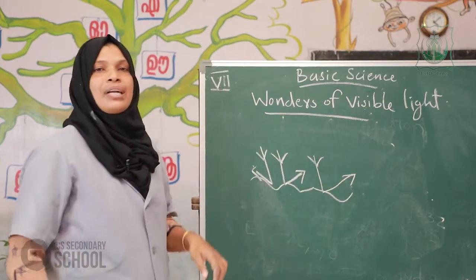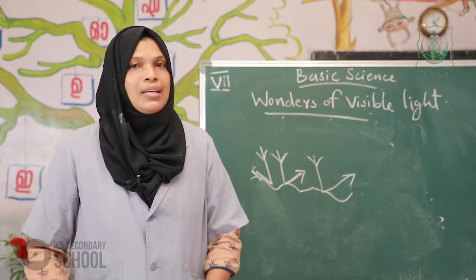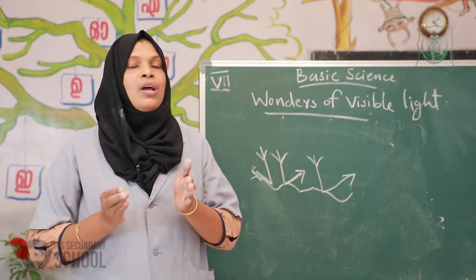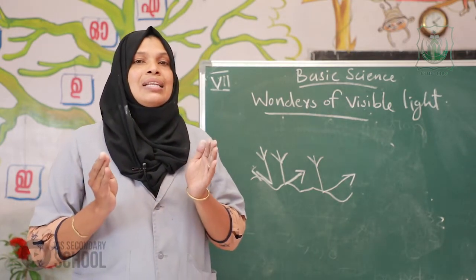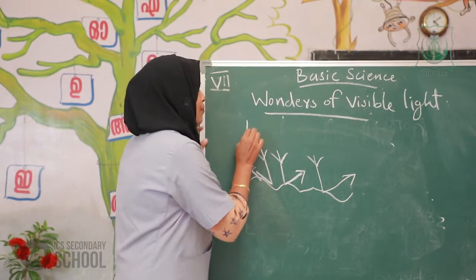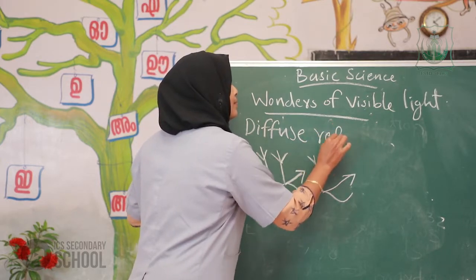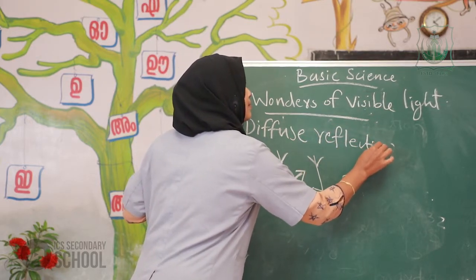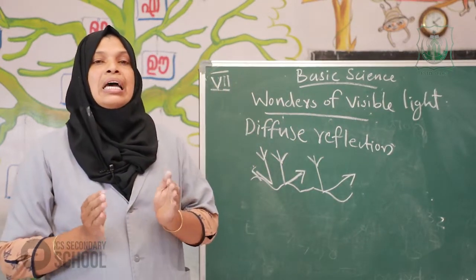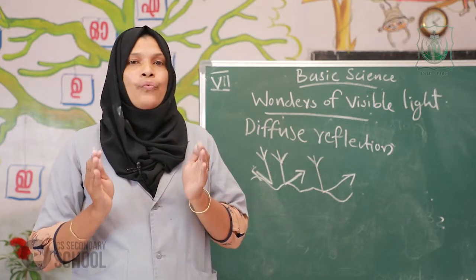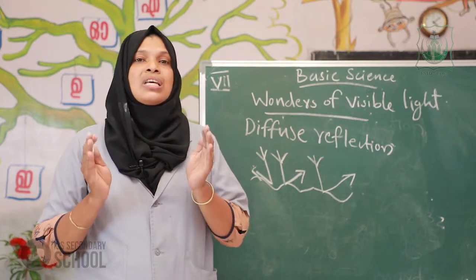When light falls on rough surfaces like paper, cardboard, etc., it is reflected irregularly, and that is known as diffuse reflection.